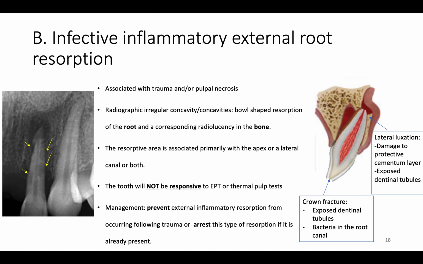The tooth is usually not responsive to sensibility tests, the electric pulp testing or the thermal tests, because the pulp is necrotic. Now, we need to manage this condition by preventing it from happening if we can, and by stopping it or arresting it if it has already established itself or if it already started.